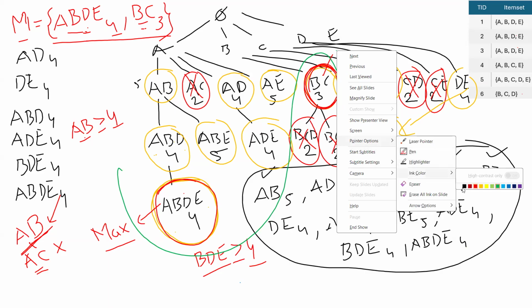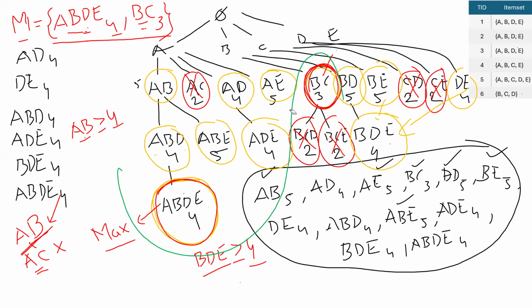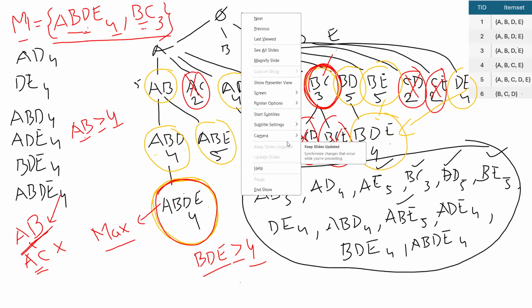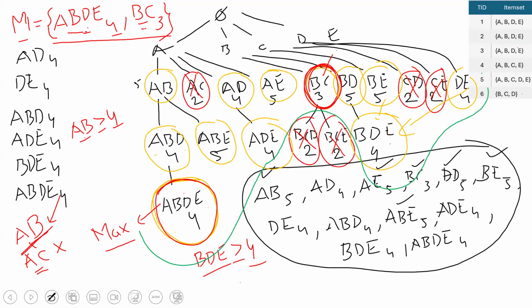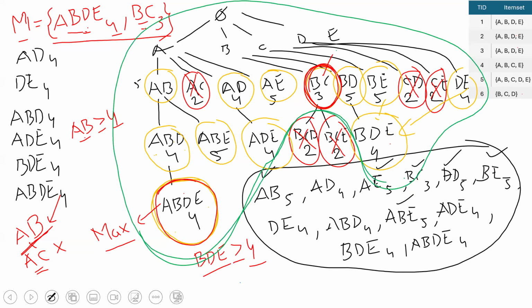That's an informal way, not a perfect way, but that acts as a boundary between frequent and infrequent items. So I can draw a boundary like this, right? This is separating the frequent and infrequent ones. Actually, it has to go like this.